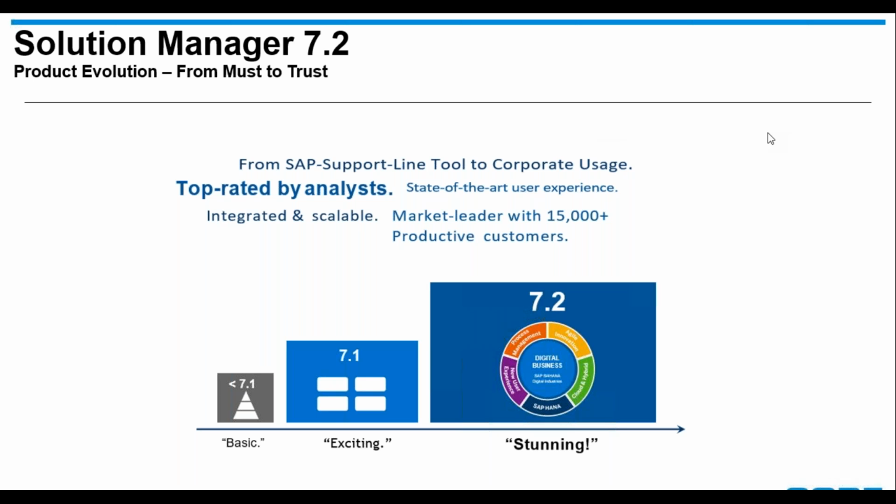But again, one of the limitations that Solution Manager had was the architecture. So SAP invested a lot of time and cost in bringing 7.2 up to being a tool that can compete some with other test management tools.